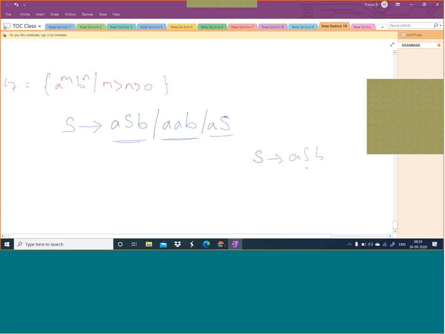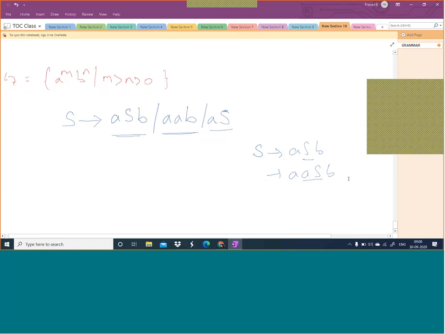And finally, S will be replaced by this one, even though you don't go for this production, guaranteeing 1 A will be extra. I repeat, this is for equal number of A's and B's. This is guaranteed 1 A extra. If you want more A's, that is for AS.